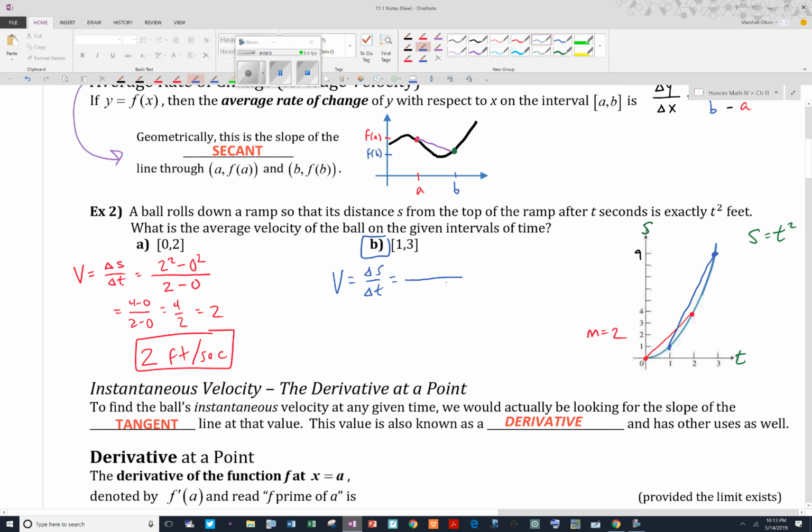Our function is s equals t squared, so we're going to have 3 squared minus 1 squared over 3 minus 1, or 9 minus 1 over 3 minus 1, which is 8 over 2, which is 4.